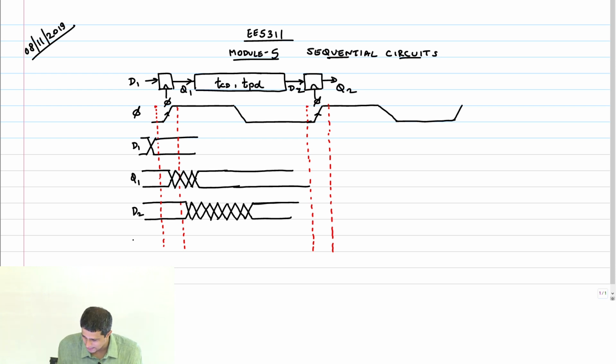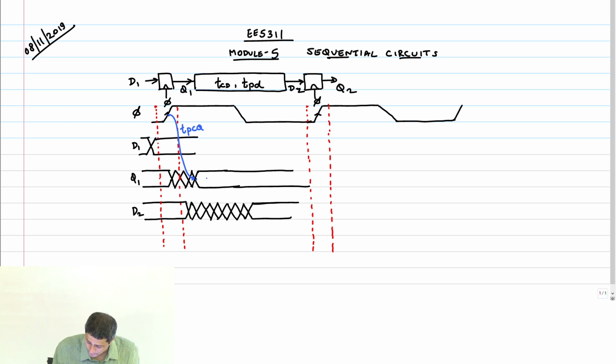And then there is going to be Q2. Of course Q2 we don't have to worry, we just have to see when this has to set up. So what is the max delay constraint? From the clock it is going to take a delay of TPCQ.